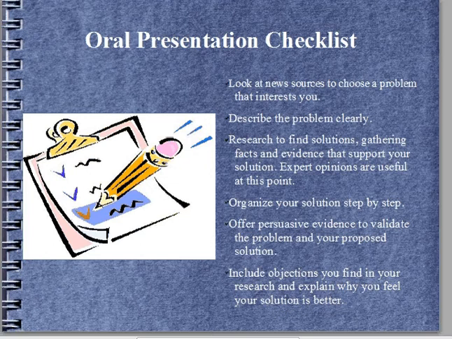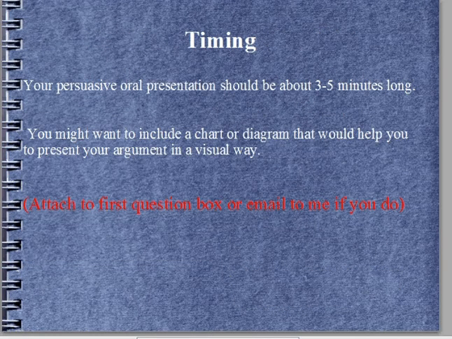Okay, so here we go on to the next. Let's see. So timing. Your persuasive oral presentation should be about 3 to 5 minutes long, so that's not quick. All right, you might want to include a chart or a diagram that would help you to present your argument in a visual way.